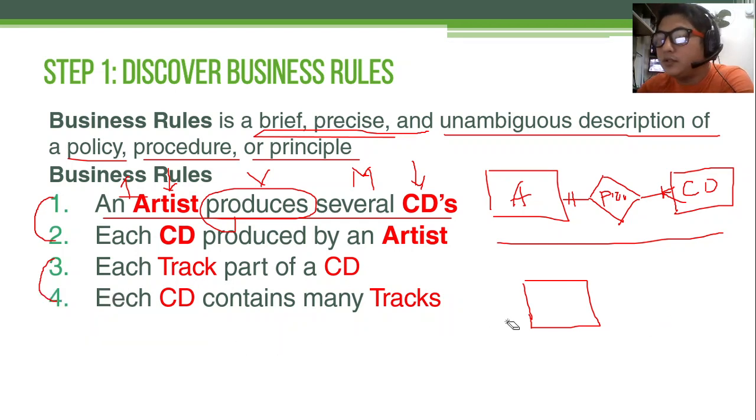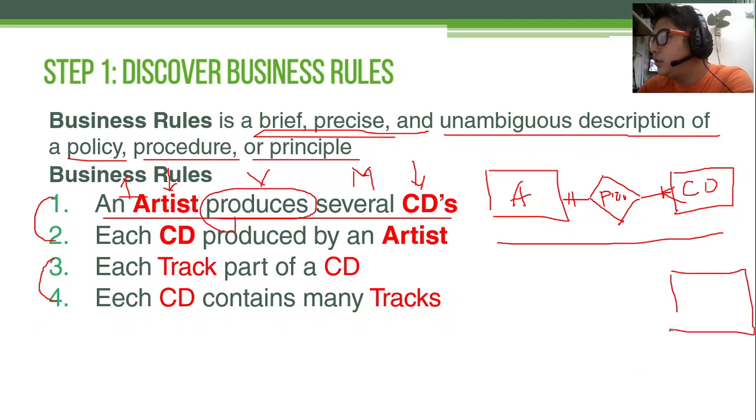Okay, so let's erase. So, you now create a track. Each track is part of a CD. Meaning, you now have a relationship, to determine its cardinality.